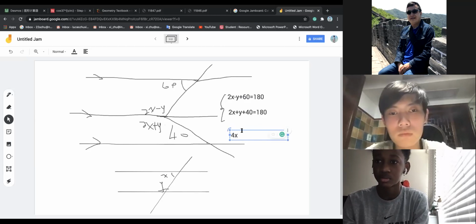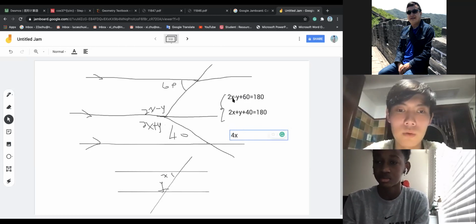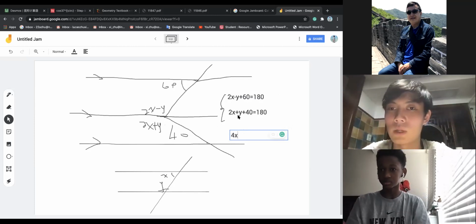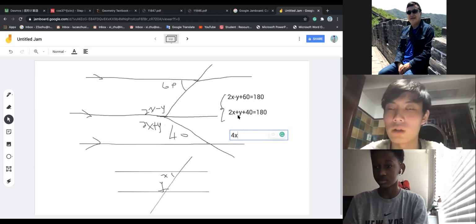So if you want to add two equations together, then you have to add everything together. But here, see, there's a negative y and there's a positive y. If you add them together, what does that give you?